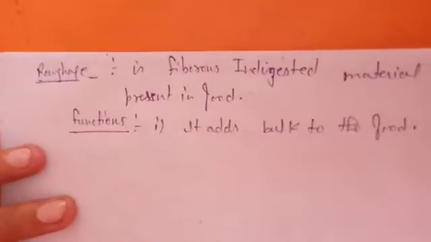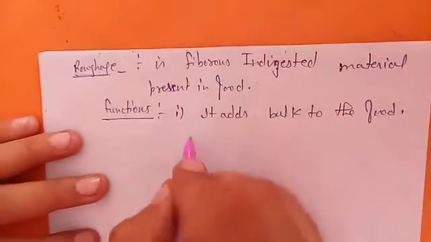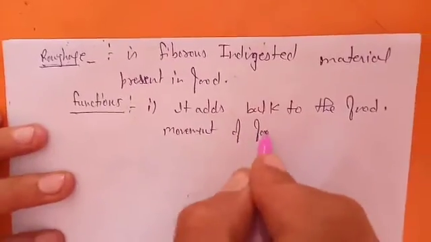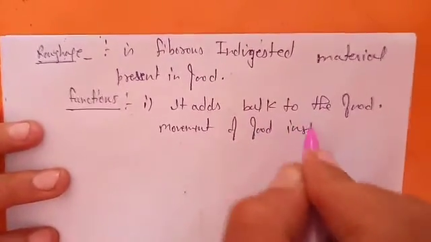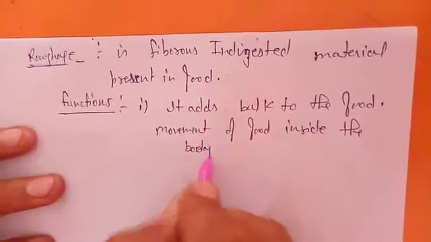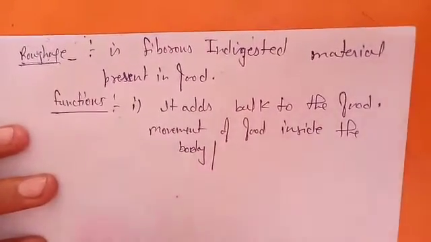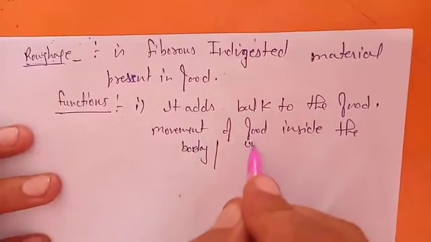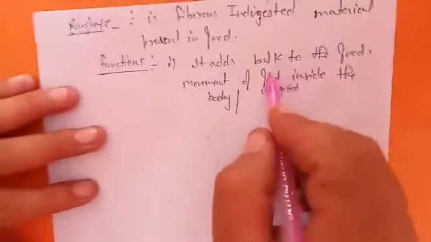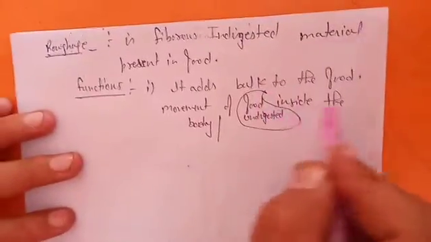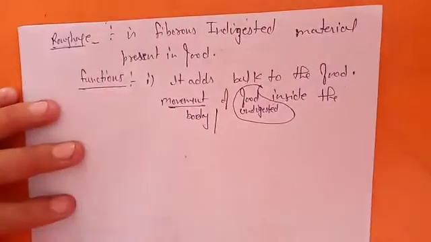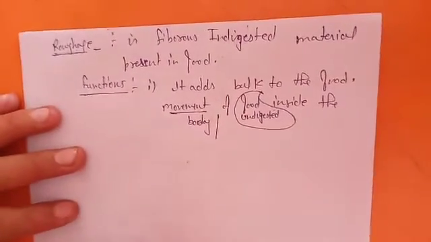It helps in the movement of food inside the body, particularly undigested food. Undigested food inside the body gets moved by fibers, or you can say roughage particles. So that is the first function.